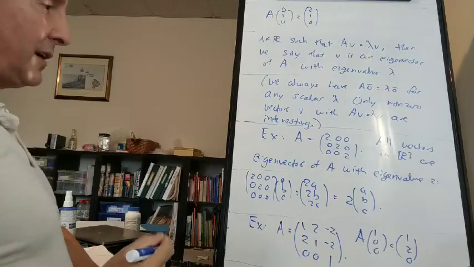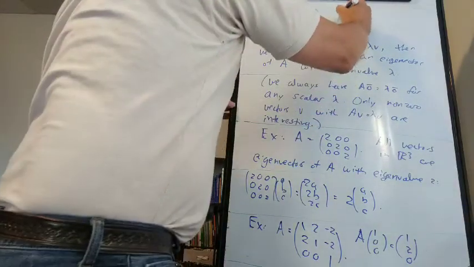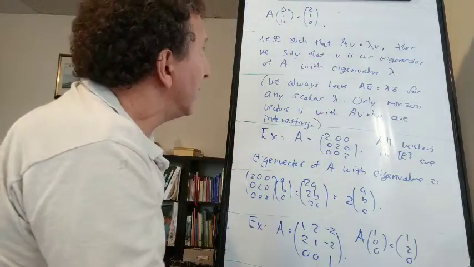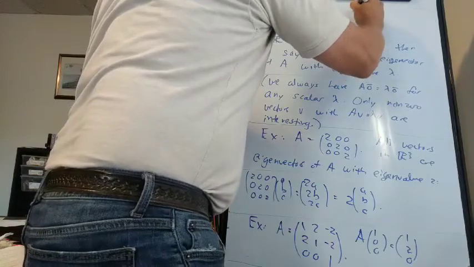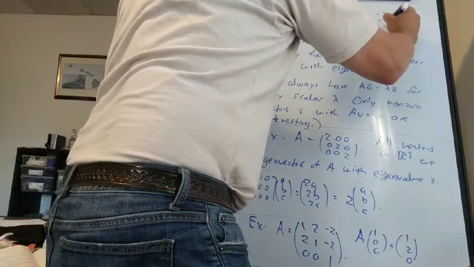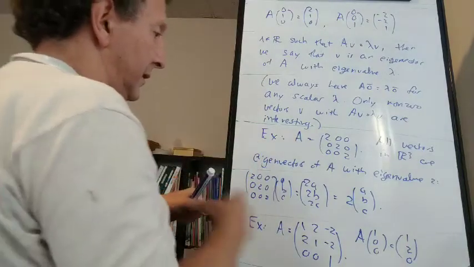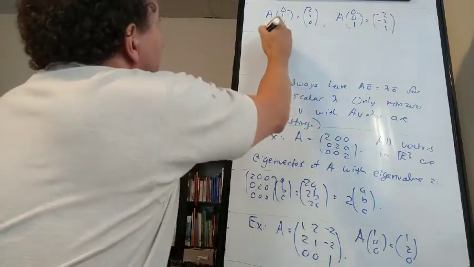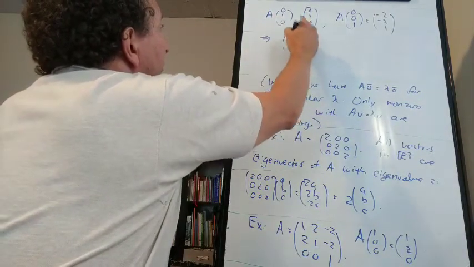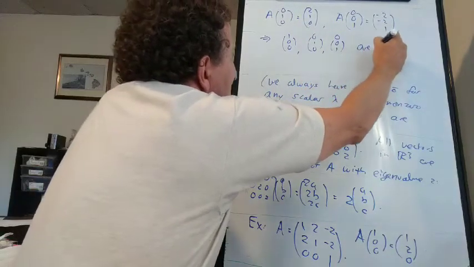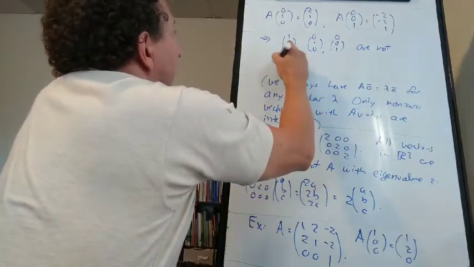I guess 0, 1, 0 is not an eigenvector either. A times 0, 0, 1 is negative 2, negative 2, 1. So I guess 1, 0, 0, 0, 1, 0, 0, 0, 1 are not eigenvectors.